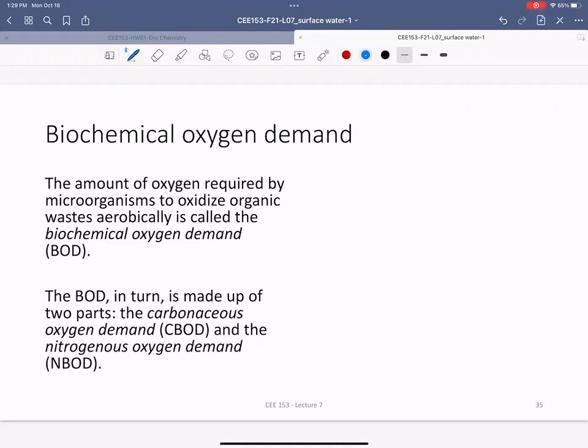That's the reason if your material cannot be digested by bacteria, even though there is a chemical oxygen demand, the oxygen concentration will not decrease. One example is if you store water in a plastic bottle, the oxygen concentration doesn't deplete, even though the container is made of carbon, because bacteria cannot digest that carbon.